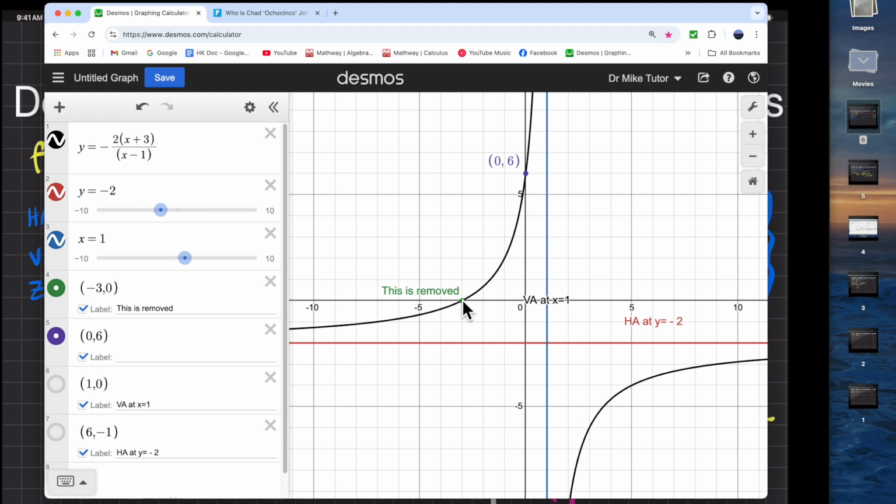Once it hits x equals -3, it becomes positive. And here, the graph becomes negative again to the right of x equals +1 and hugs the horizontal asymptote. In terms of our range, we remove y equals -2 because of the horizontal asymptote, and we're going to remove y equals 0 because the final domain excluded x equals negative 3.